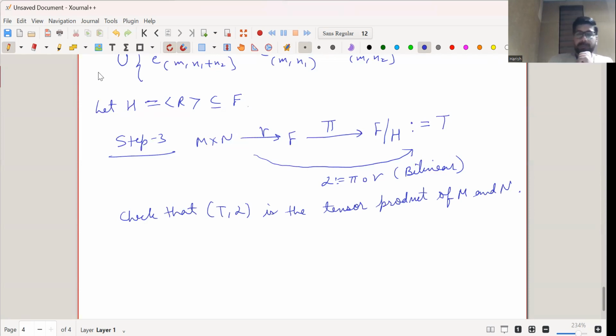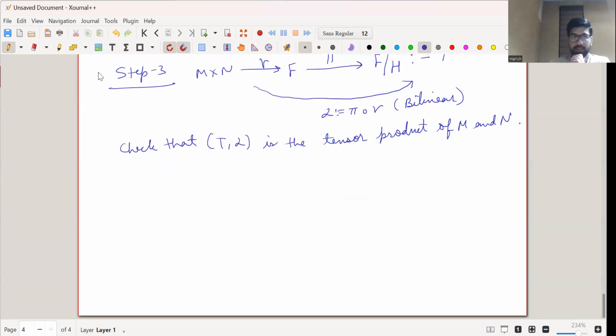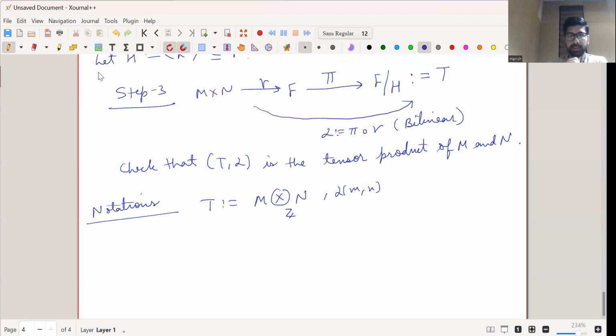Okay. So now let's go with the notations. So T is written as M tensor N; as the underlying ring is Z, we will write Z here, and this alpha is a map from M cross N to T. We will denote the image of alpha of M, N as follows: from M cross N to F you have the gamma map, which was sending M comma N to E of MN.